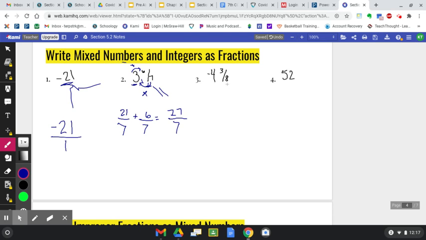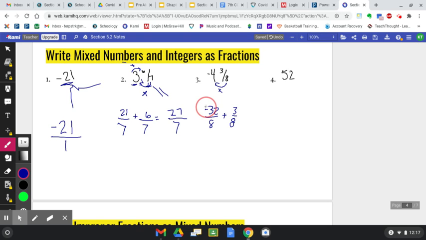All right, so here if I take the denominator, 8 times negative 4, I get negative 32, right? Negative 32 over 8, plus I have this fractional part, which is 3 over 8. Notice it's really easy to do that because I have the same denominator, but I have to be careful, right? I have to be careful because I say negative 32 plus 3, right?